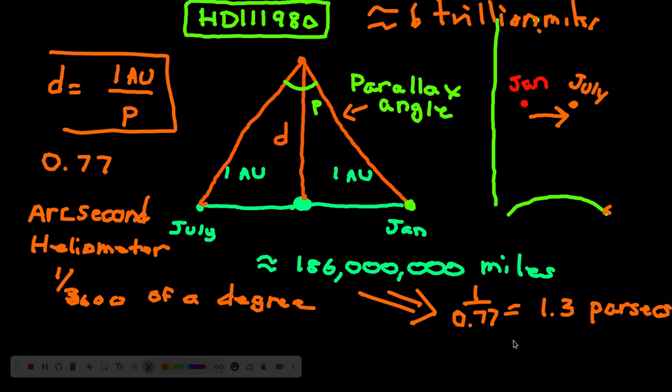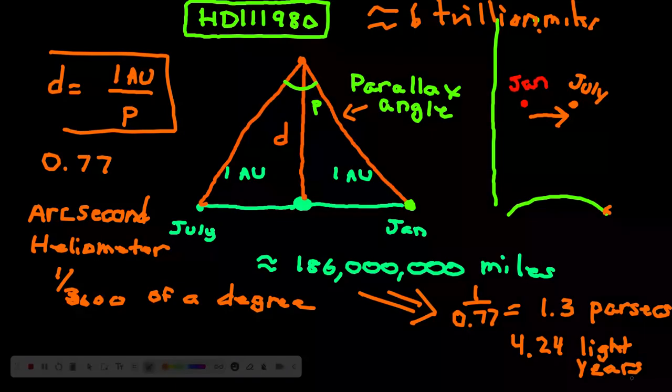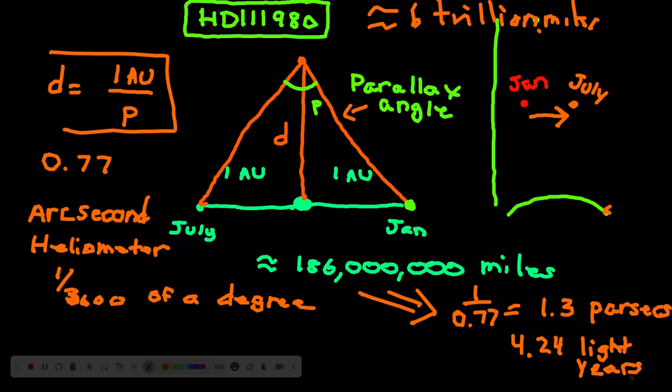I keep saying Alpha Centauri, since it's the Alpha Centauri star system, but Proxima Centauri is 4.24 light years away. Now, it takes light a little over 4 years to get to us from Proxima Centauri. But with our technology, it would take over 70,000 years. And if you want to round that up, we're looking at 25 trillion miles away.